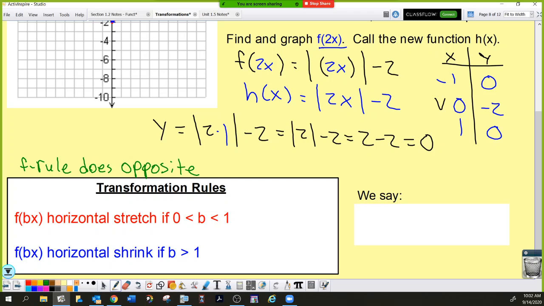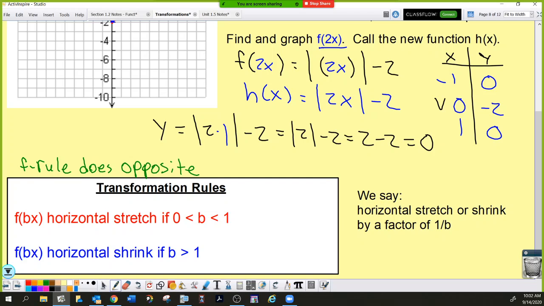Reciprocal. We use the reciprocal inside the F rule. The description does exactly what it says. So if you wanted to say horizontal shrink factor 1/2, you say it. But the F rule would say F of 2x. It uses its reciprocal. So what we say is a horizontal stretch or shrink of factor 1/b.